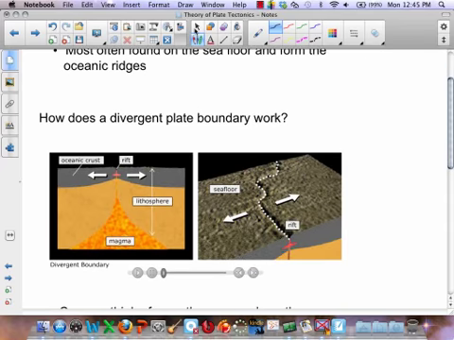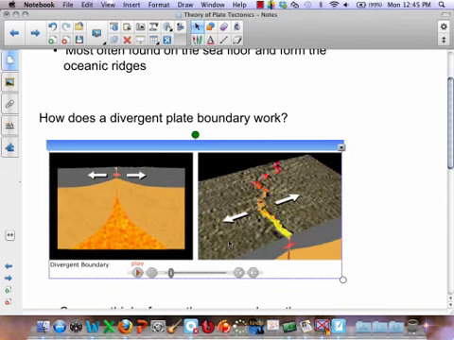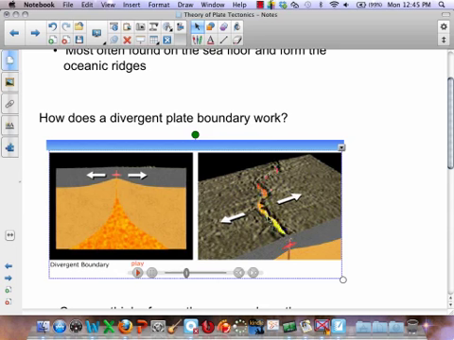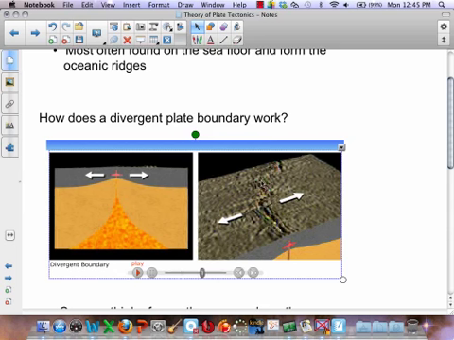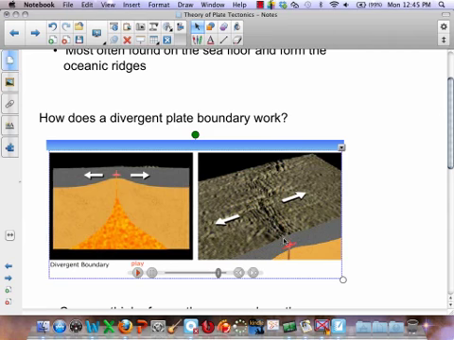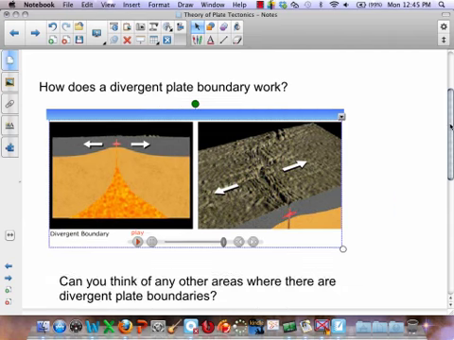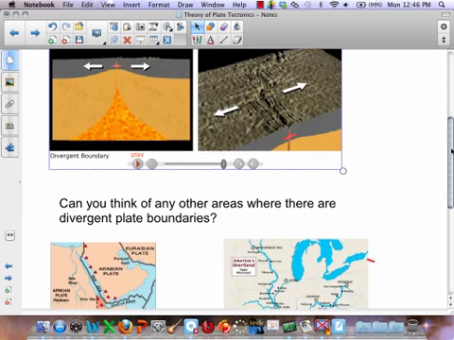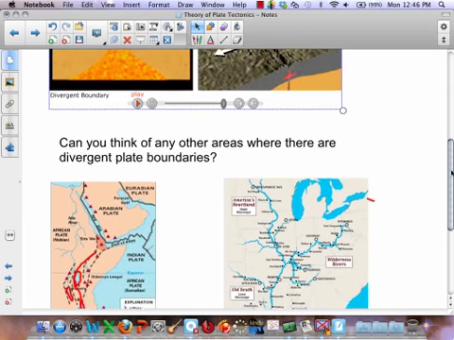And when they pull apart, we get that natural ridge that starts to form, and that's simply going to happen when it's underwater. However, there are a couple of places where this does occur on land.